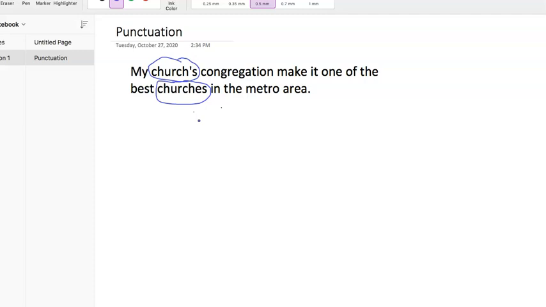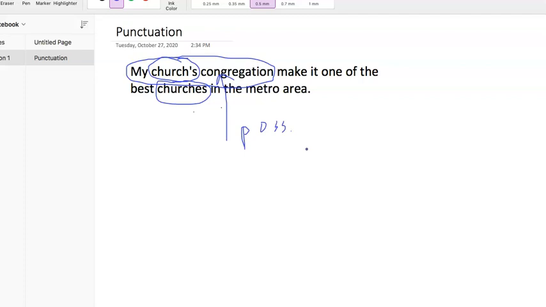Okay, so the reason is that my church's congregation, right? This phrase right here, kind of go over what we circled already. My church's congregation, little arrow, that is possessive, right? Because it's mine, right? That's how I'm phrasing it. And so when anything is possessive like that, then it needs to be singular.